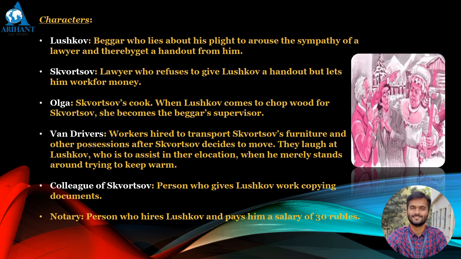Skvortsov, the lawyer who refuses to give Lushkov a handout but lets him work for money. Olga, Skvortsov's cook. When Lushkov comes to chop wood for Skvortsov, she becomes the beggar's supervisor.